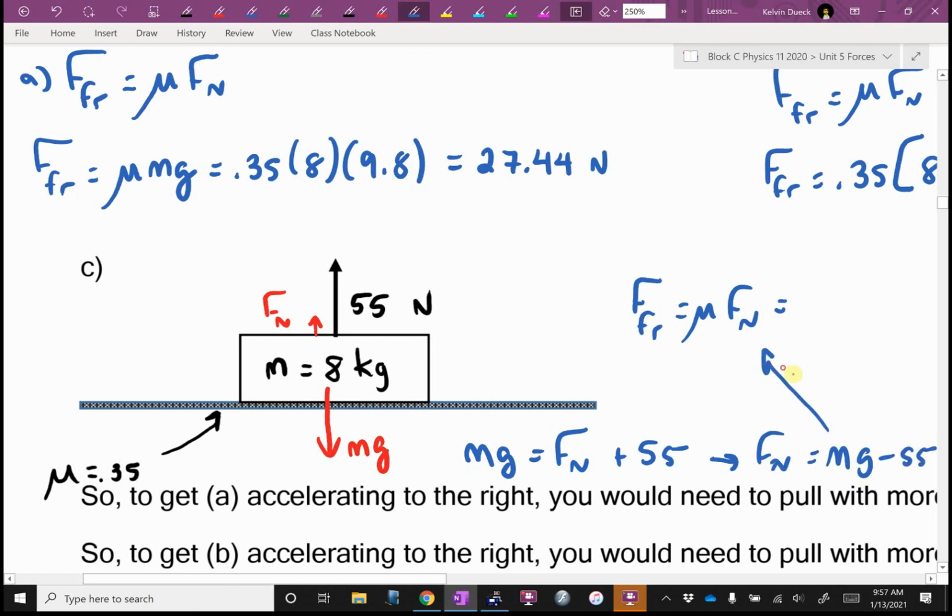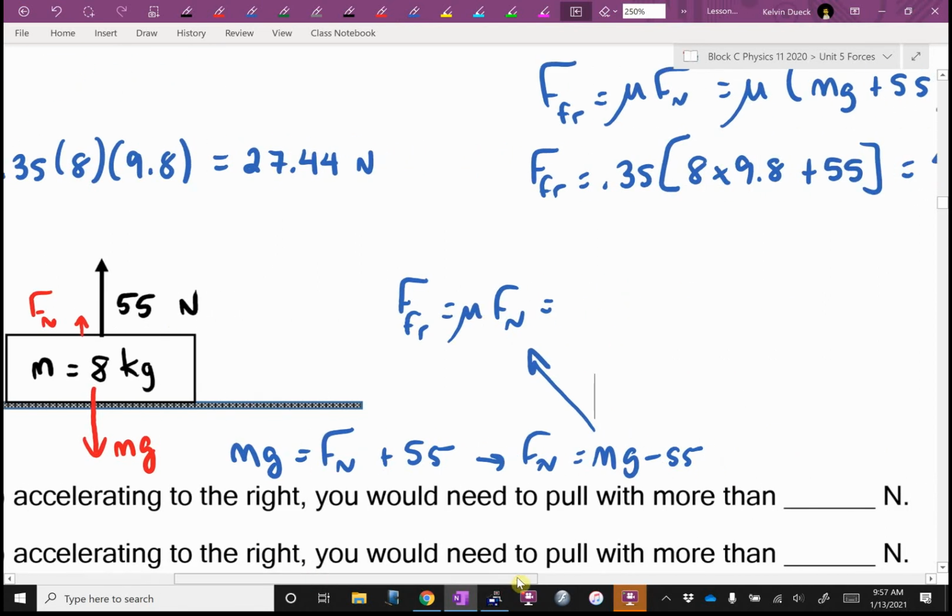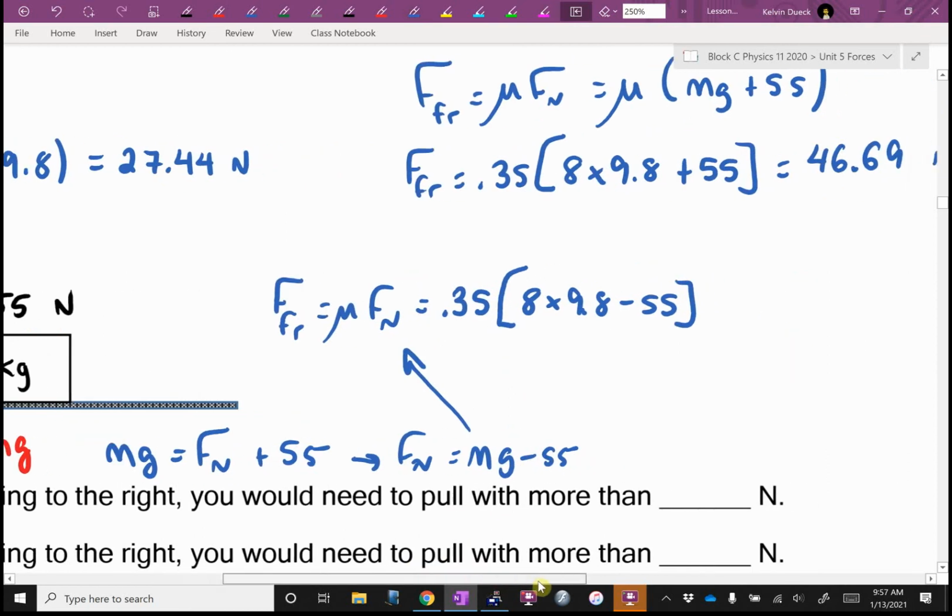And that's what's going to go in here? I agree with you. It's going to end up being 0.35 mu bracket 8 times 9.8 minus 55. Which is what?